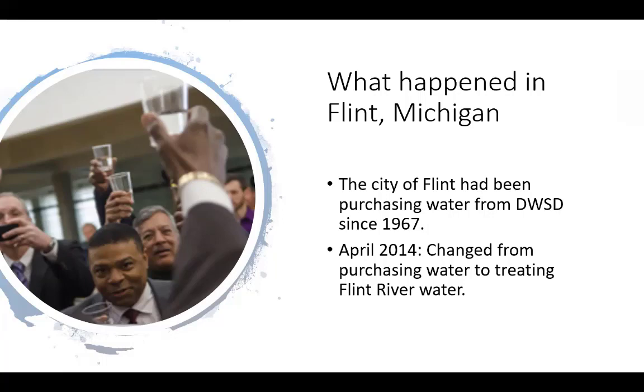And there was a significant confrontational debate between the city and Detroit Water regarding the water charges. In the years before 2011 to 2014, Flint is suffering economically, and at that point, Governor Snyder installs an emergency manager to the city.